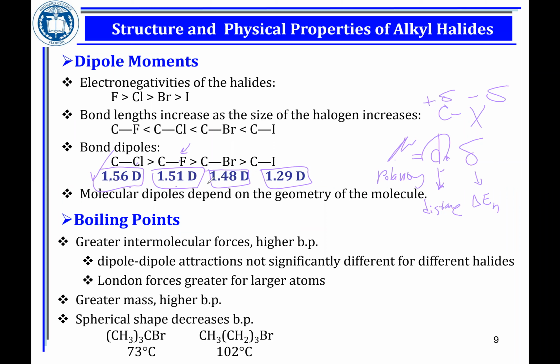Otherwise, you want to know that a carbon bond to any halide is a polar bond. It gives carbon a positive charge because the halide is negatively charged.